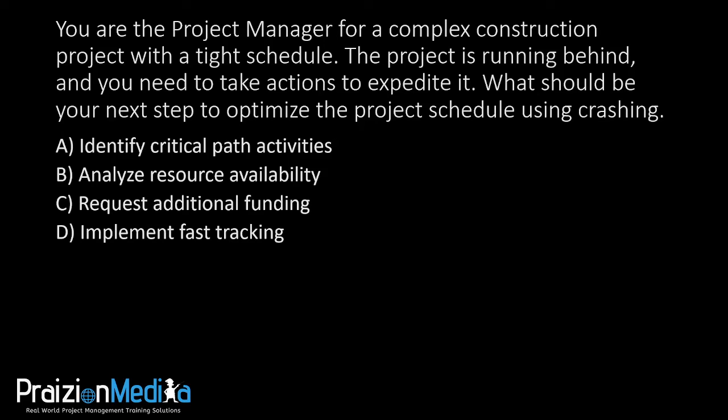Because if you're crashing other tasks that are not on the critical path, you may not make a dent. B, analyze resource availability. That could happen, but it shouldn't be what you do first. C, request additional funding. We hopefully would not have to do this. It would certainly not be the first step.